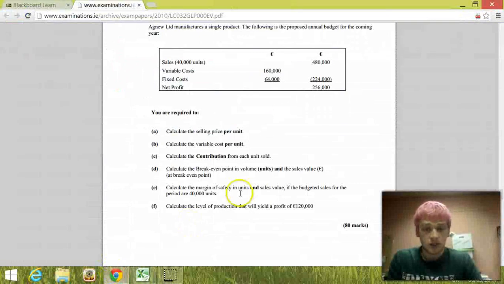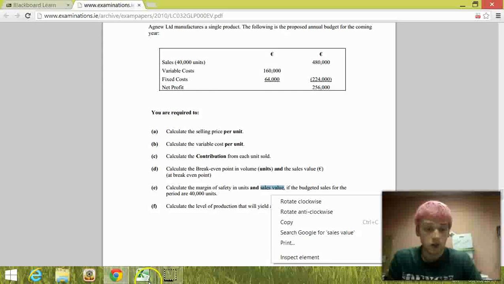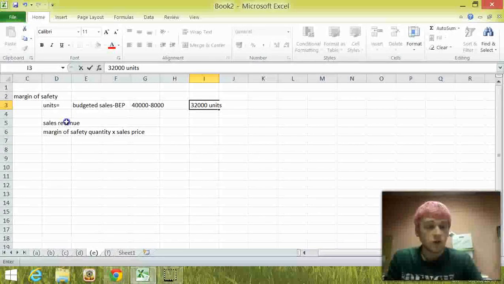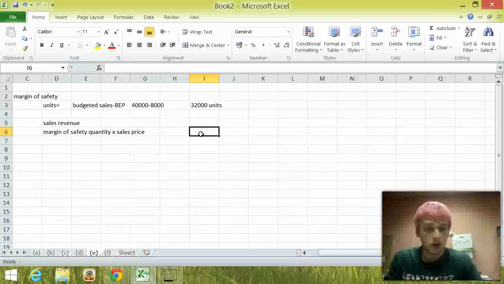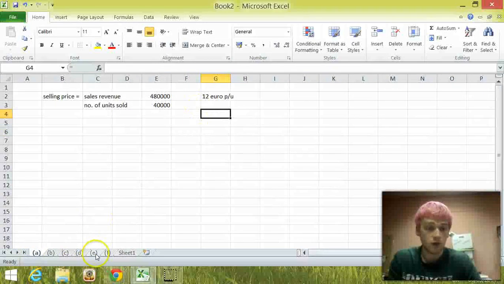Second part of that question then is getting the sales value, the sales revenue once more. So we have another formula, which is the margin of safety quantity multiplied by the selling price. We have 32,000 units as our margin of safety, and our selling price from part A is €12.